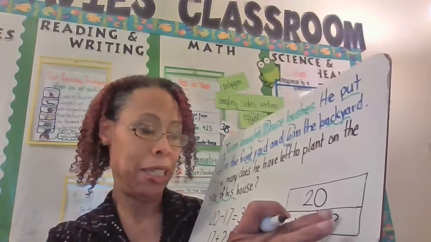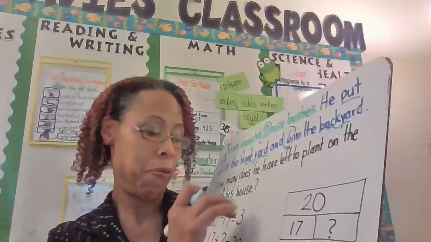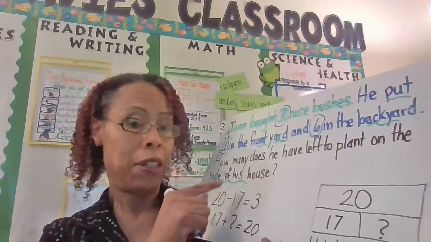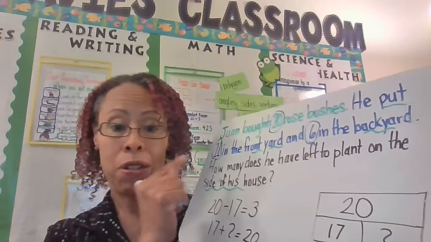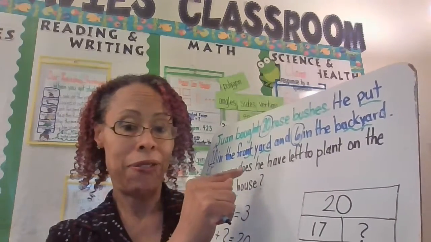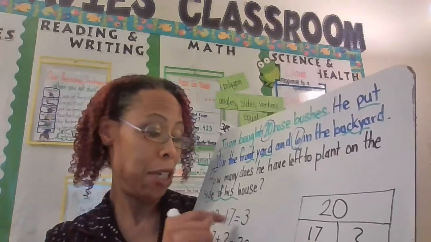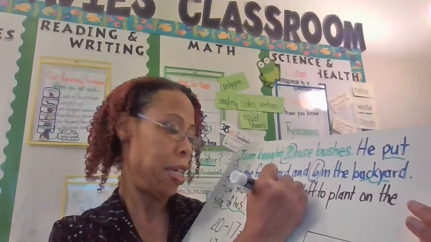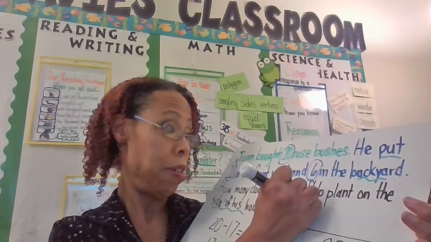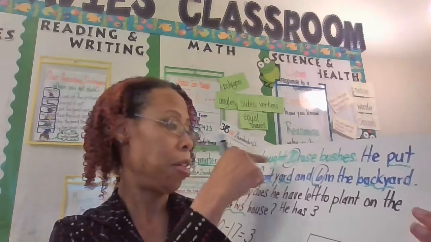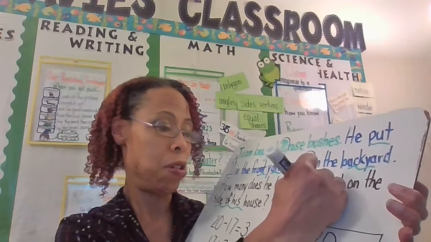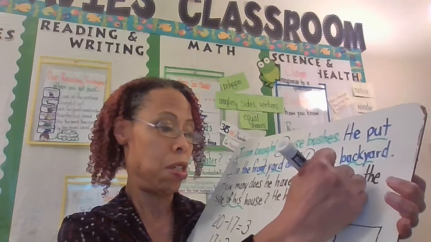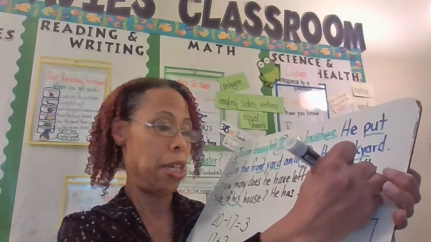But have we completely solved the problem? Let's look. Always go back to the question. How many does he have left to plant on the side of his house? Okay, so we have answered the question. So he has 3, what are we talking about? Rose bushes left.